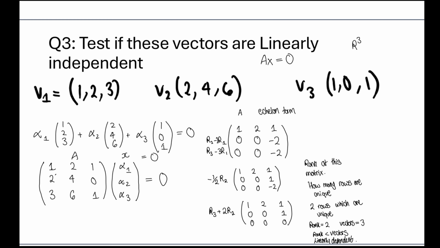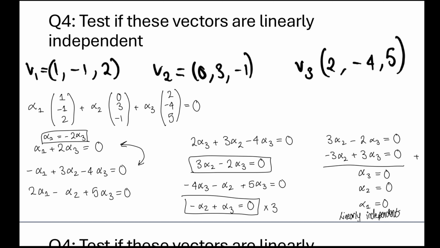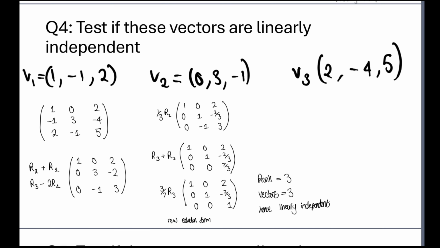To test if vectors are linearly independent, we can use the echelon form of this matrix A, where this matrix A is formed by the vectors which are given. Or we could make a system of equations and solve those system of equations as we did for this example.